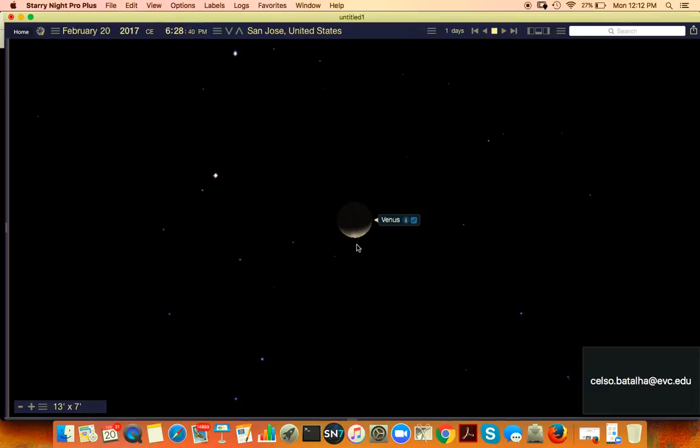If you look at Venus with a telescope, this is what you see. Looks like a moon, right? You say, oh, it's the moon. But it's not the moon. It's Venus I see with a telescope.